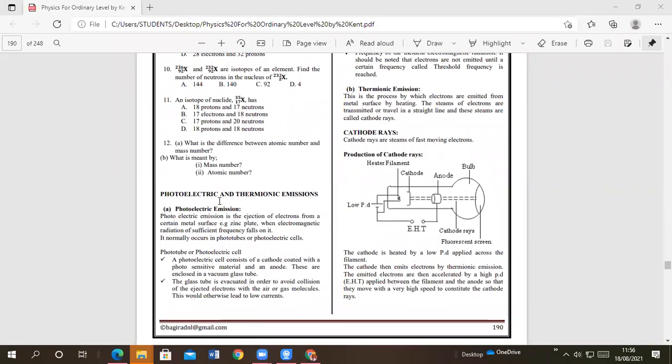Okay, so photoelectric and thermionic emission. What is photoelectric emission? You know that light is a form of radiation. I remember in senior 3, we looked at radiation when we were looking at heat. We say that radiation is the transfer of heat energy from one point to another by means of electromagnetic waves.